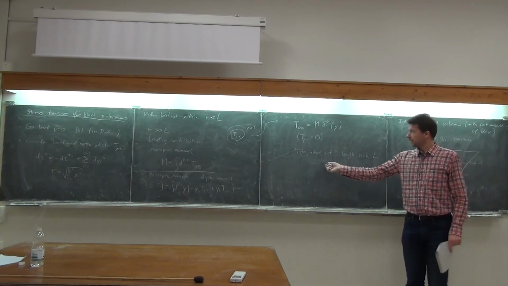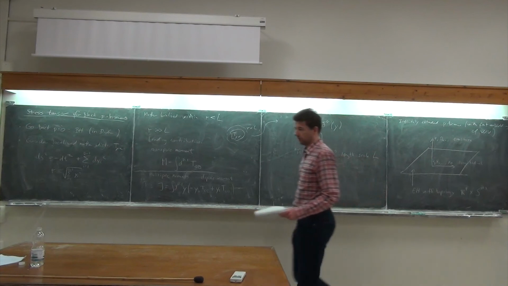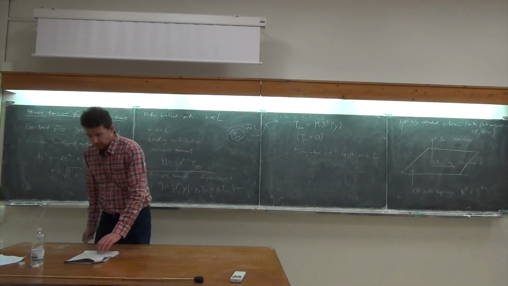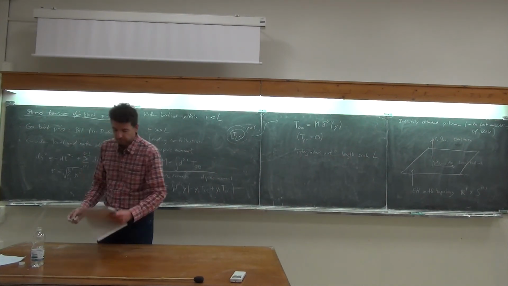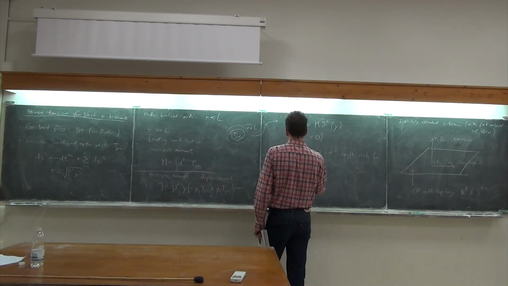The result of integrating this out is that you only have this thing left, this point particle mass. And then we're interested in the gravitational field from this.